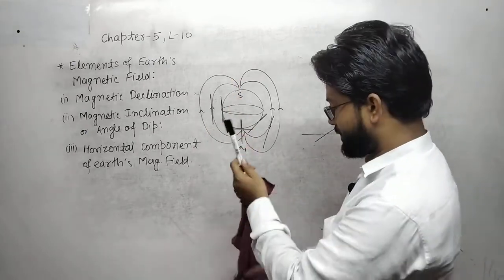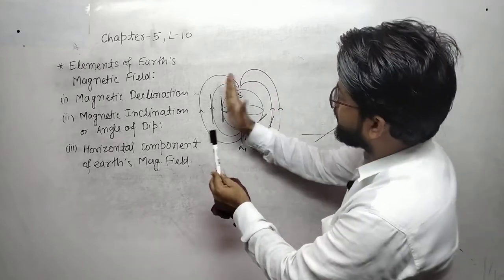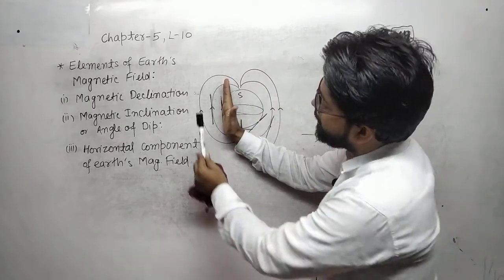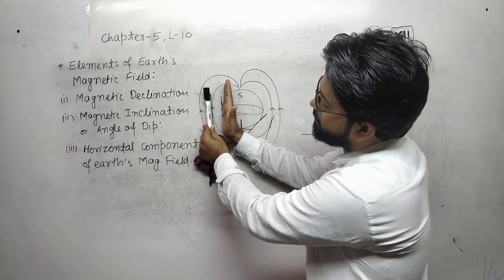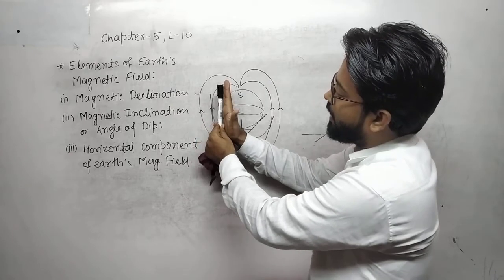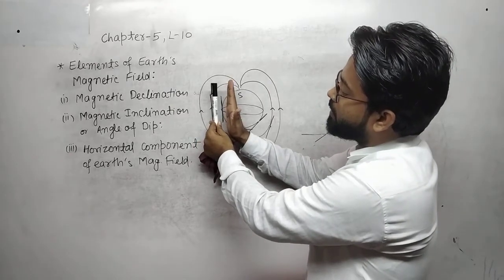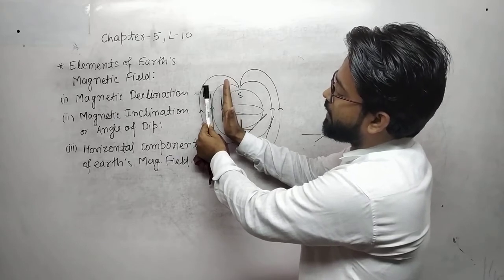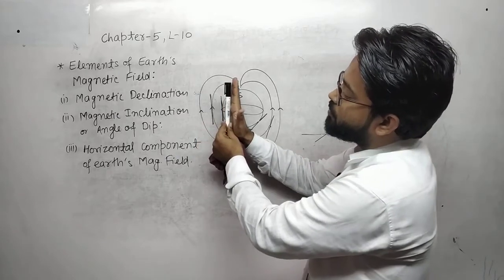How? Here the Earth's surface is this and the magnetic needle is this, meaning at the equator the angle between the Earth's surface and the Earth's magnetic field is 0.